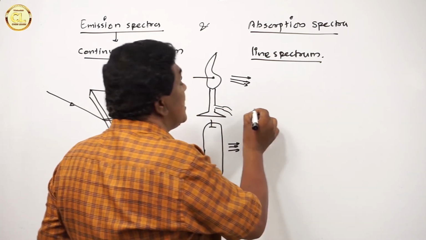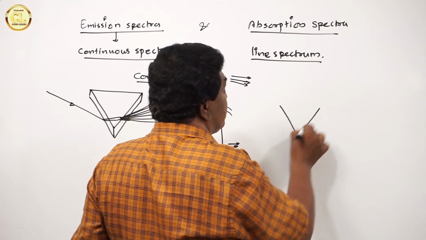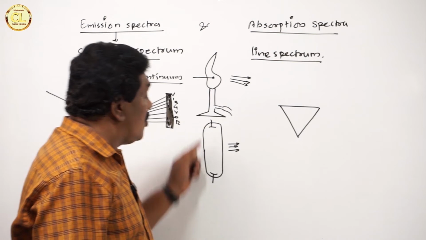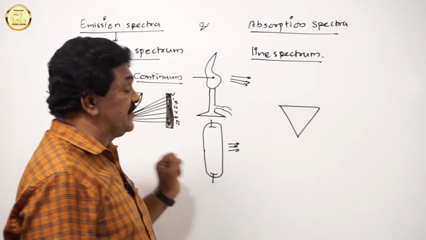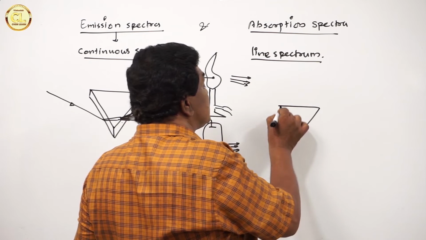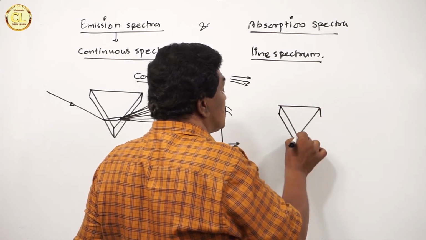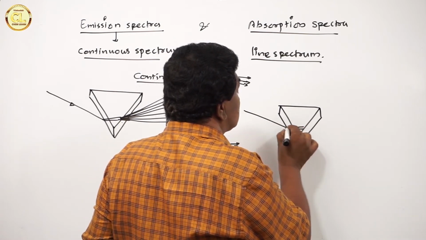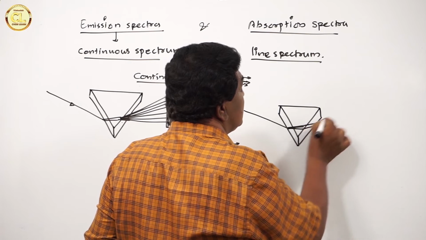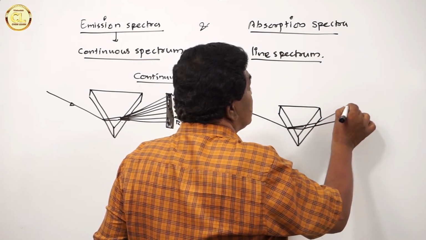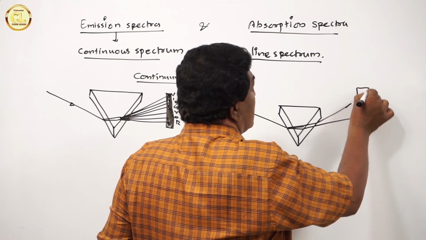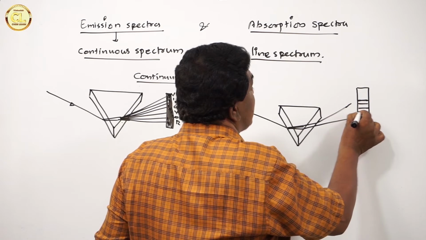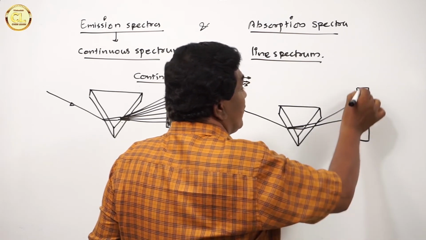If this colored light, that is, the light obtained by burning the metal or metal salt or by the electric discharge of the gases, is passed through a prism in a spectroscope or spectrometer, the rays get dispersed, and we get colored lines with dark spacings between them in the photographic plate.